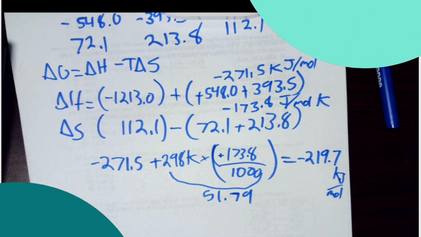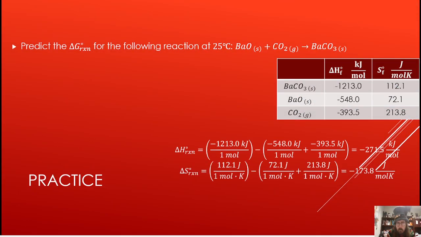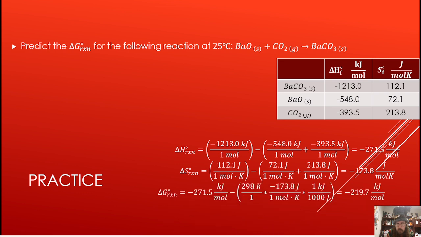But one of the next things we got to think about is, is this always going to be spontaneous? And the answer is no. This is spontaneous here when the temperature is 298, but if the temperature were to increase, the spontaneity would decrease.